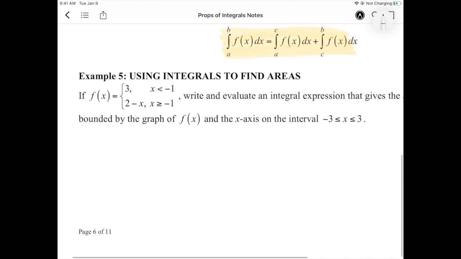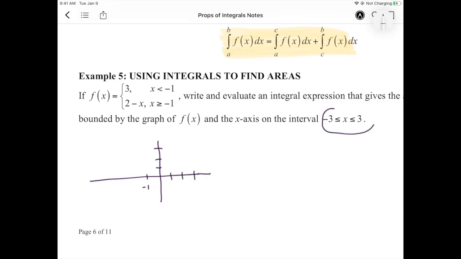So -1 is my transition point. I'm looking at it from -3 to 3, so I'll just include all those points. Okay, so I see that the left function is just at 3.